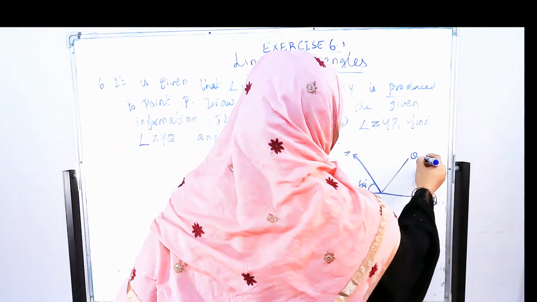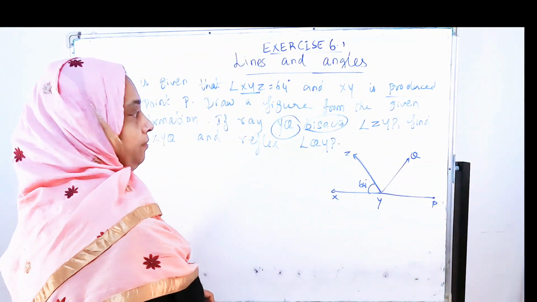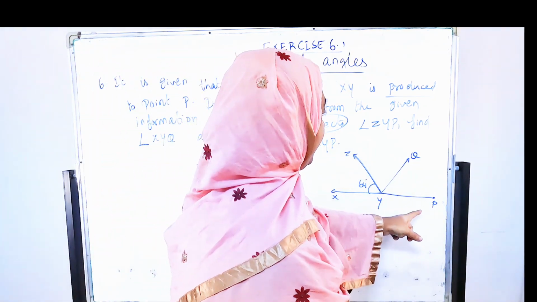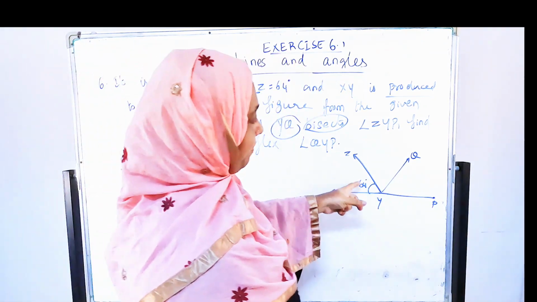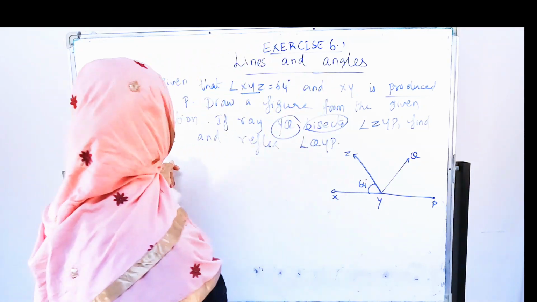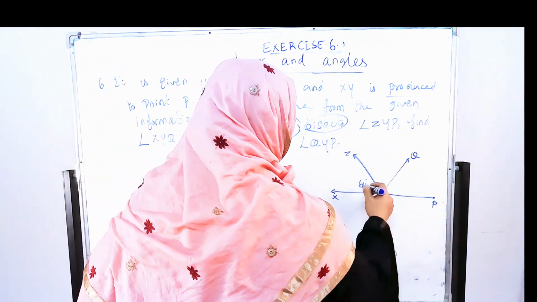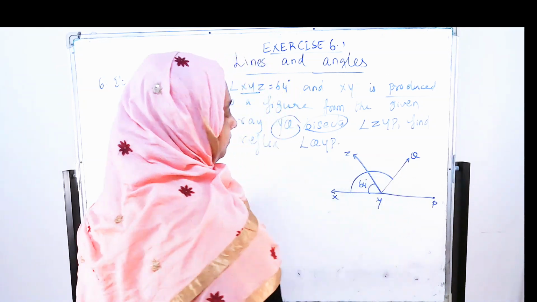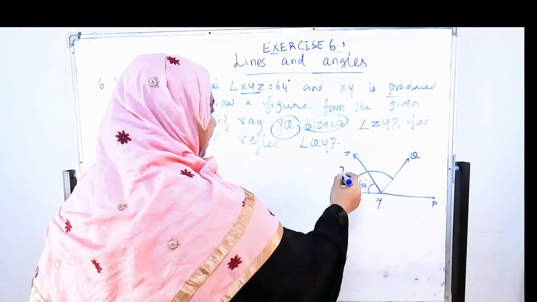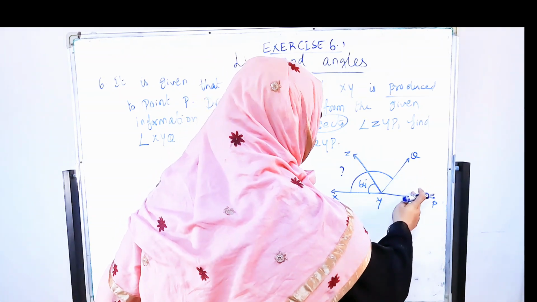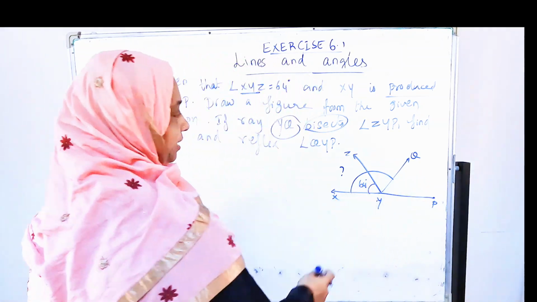This name is YQ. We have to find XYQ, this complete part, as well as the reflex of QYP. So for that you have to find QYP also and then its reflex.